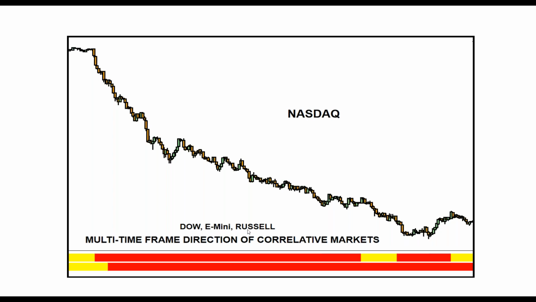Every financial market that's out there has correlative markets. It's just a matter of finding what they are. Because remember that the big institutions, all they do all day is rotate their money from asset class to asset class.